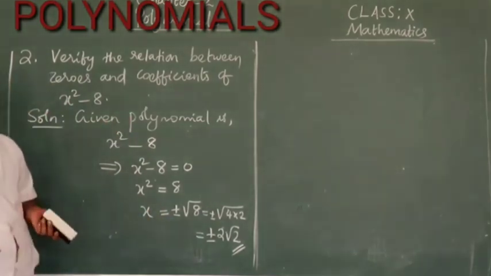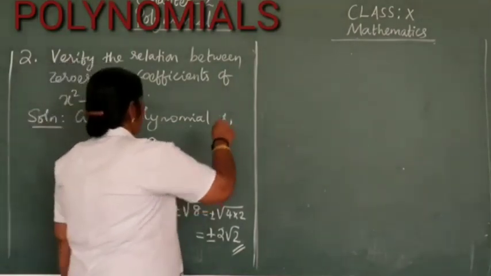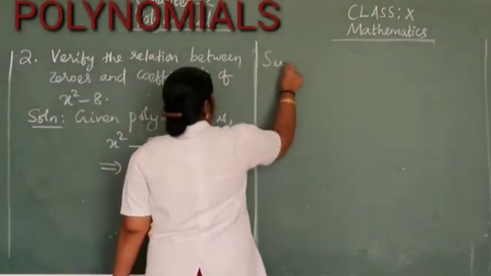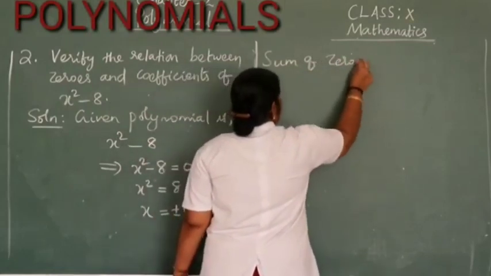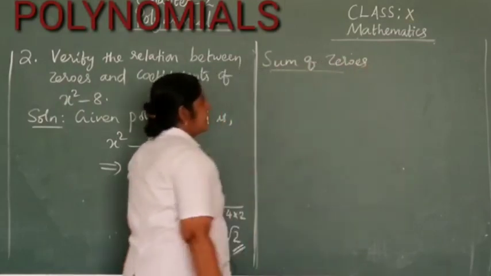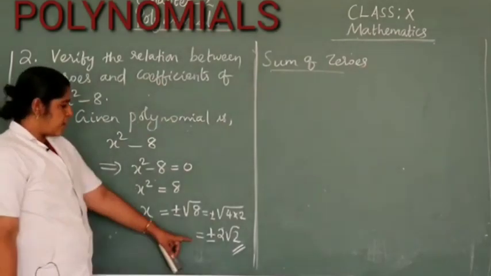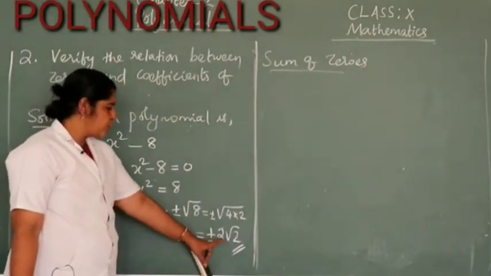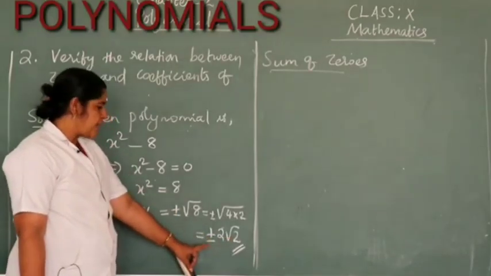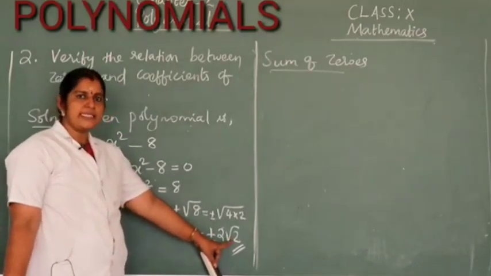Now we are going to do the verification. So first we are going to find out the sum of zeros. What are the two zeros here? Plus or minus means 2 root 2 is one root and minus 2 root 2 is the second root.